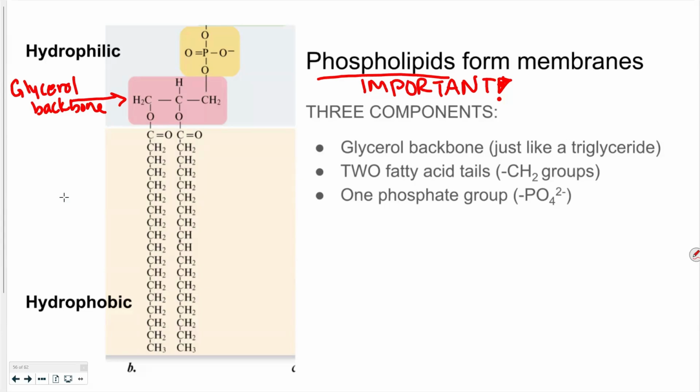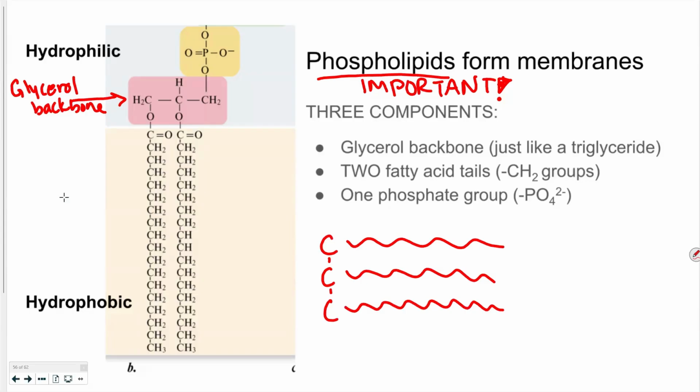So let's just throw up a triglyceride real quick here. Here's our simplified glycerol, and we had our 3 fatty acid chains. Remember, these little bends are supposed to be a carbon here, but I'm not going to draw them in. Okay. So check, we got our glycerol backbone. We have two fatty acid tails.